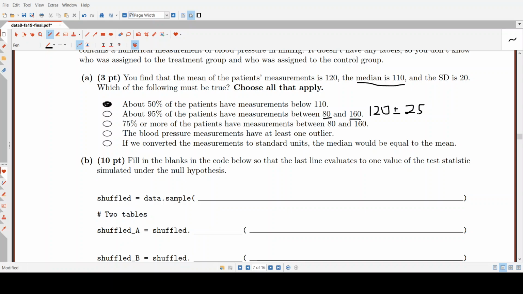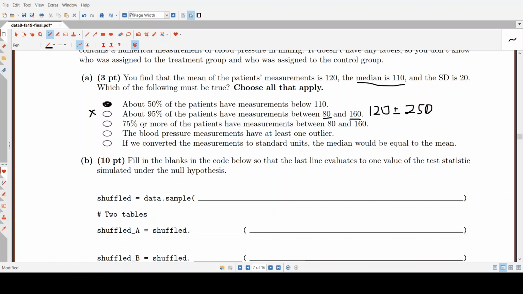So this would be true only if we knew that the distribution of the measurements was normal. We don't know that, and in this case we actually know that the distribution is not normal. The reason we know that is because the median and the mean are not the same. So this is only true of a normally distributed curve, which we don't have. So this is not true.